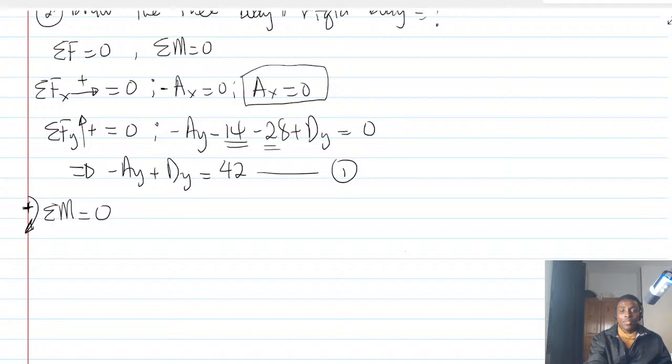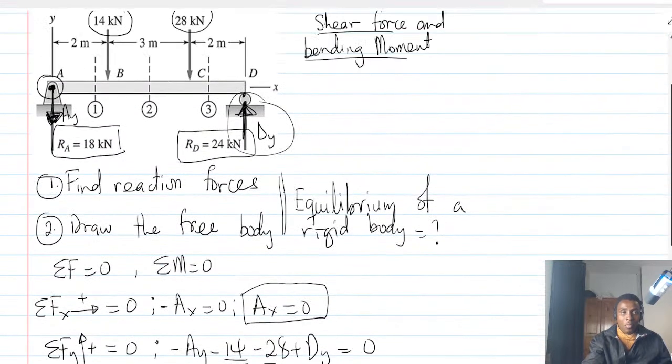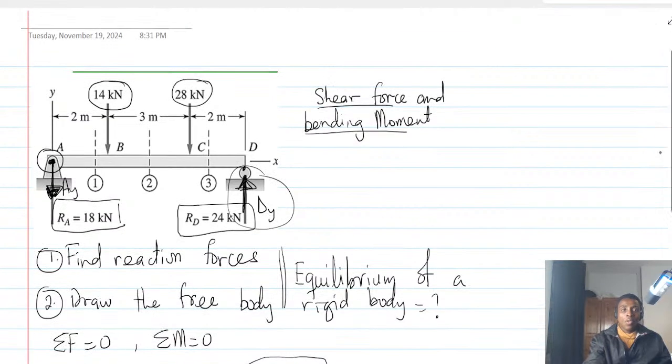Starting from A, moment is force times distance. So 14 kilonewton multiplied by the length.